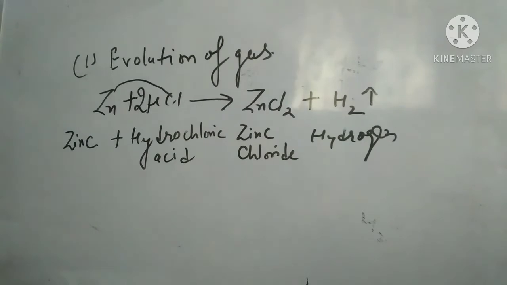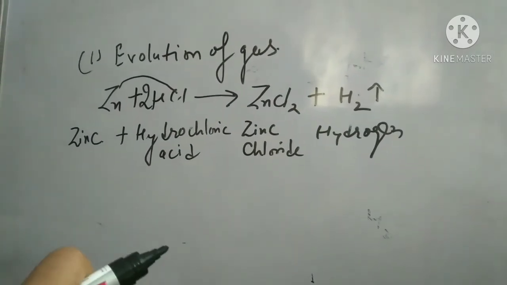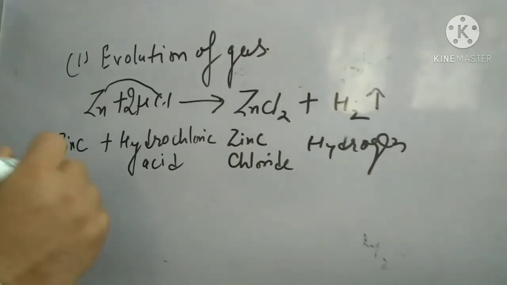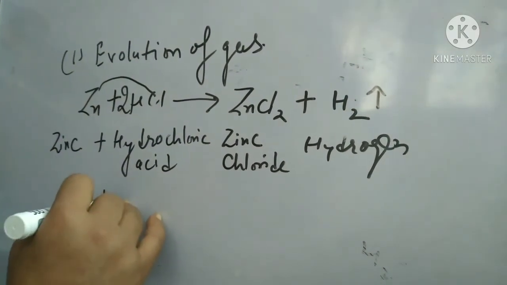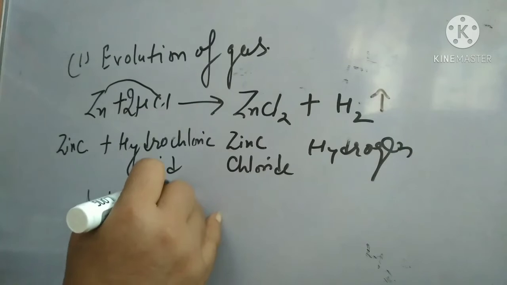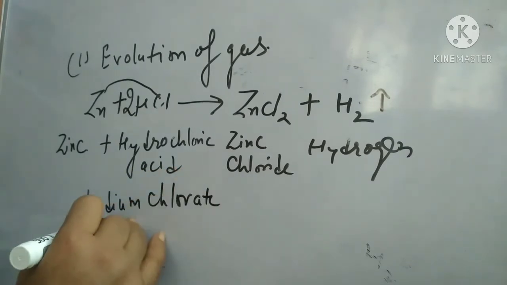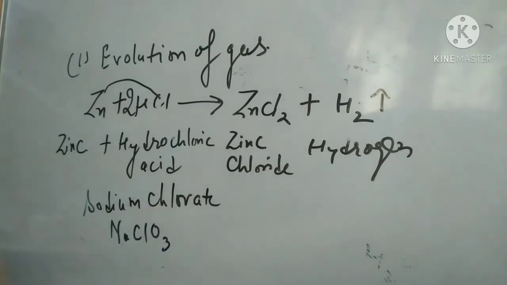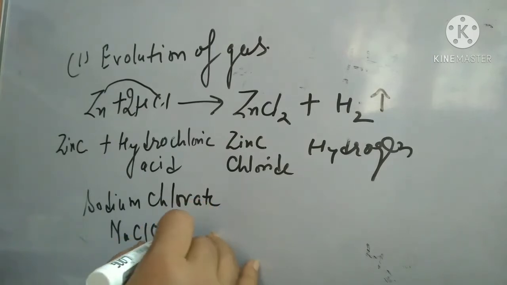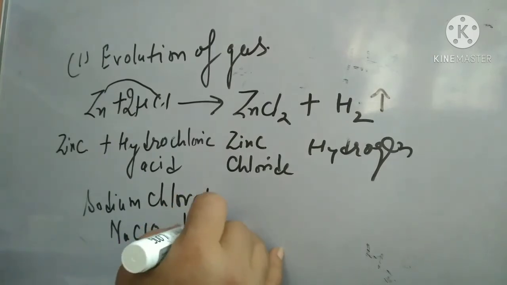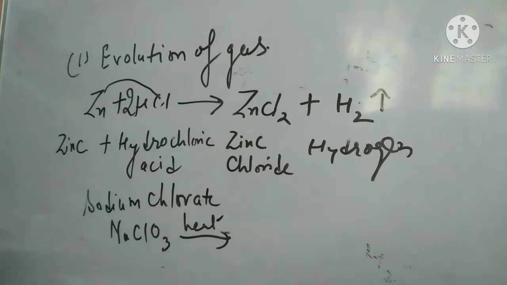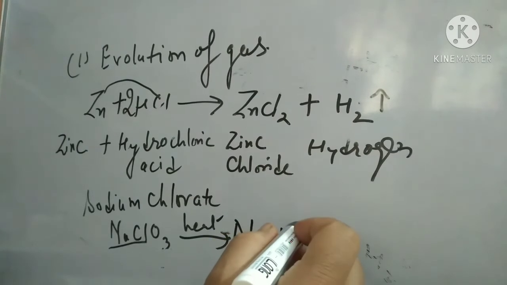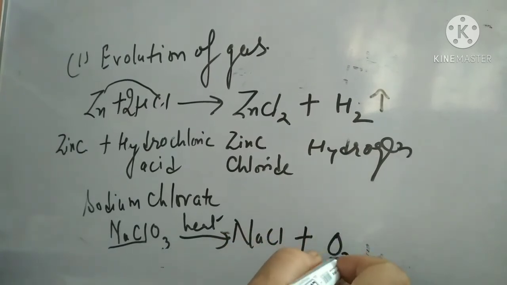So now we will take another example, that is sodium chlorate, NaClO3. Now if we heat it strongly, we will be getting two products. First, the salt, that is sodium chloride, and the other product, oxygen gas.